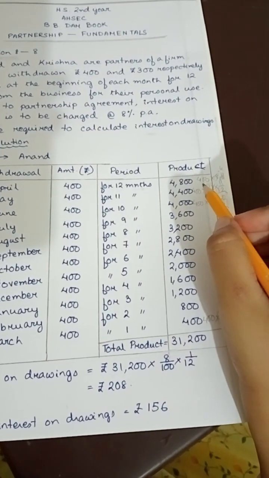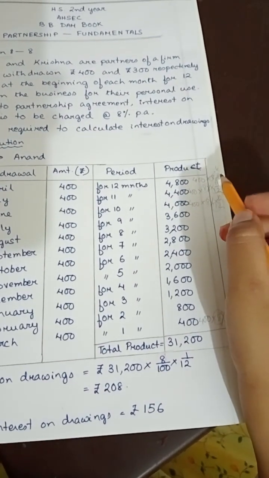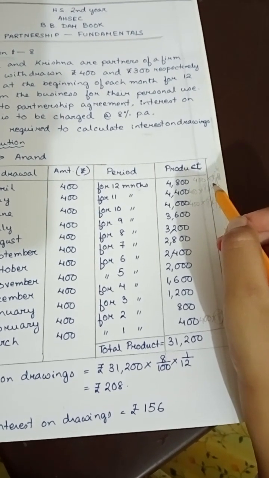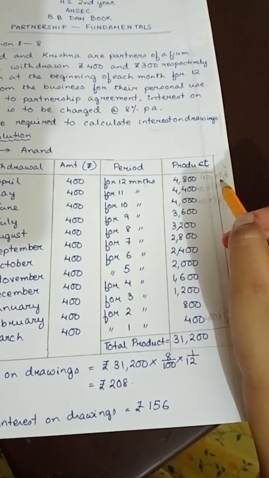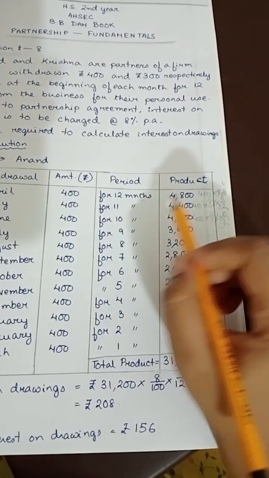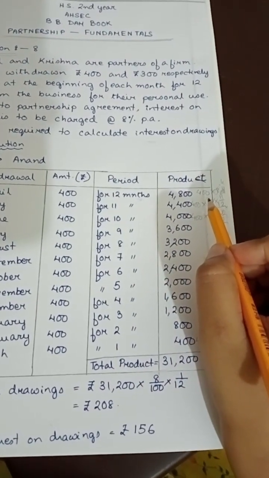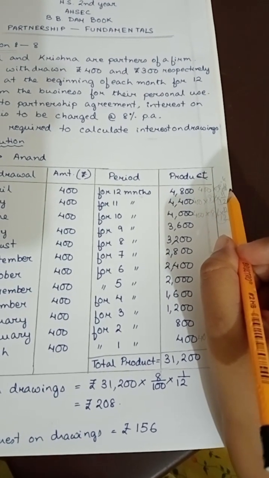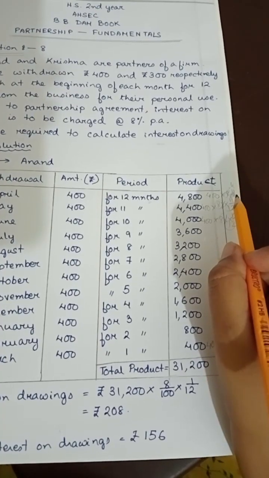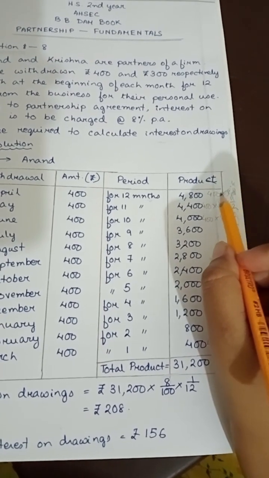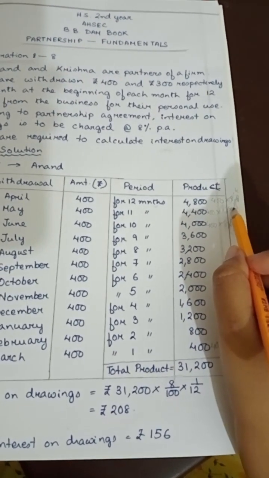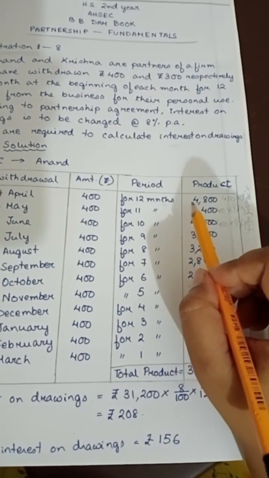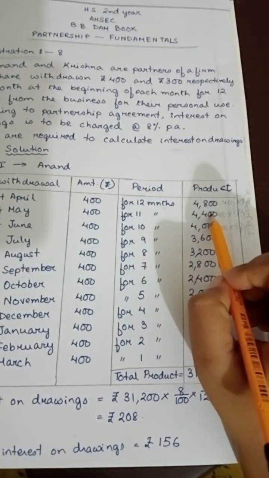Rest what remains? 400 into 12, that is 4800.